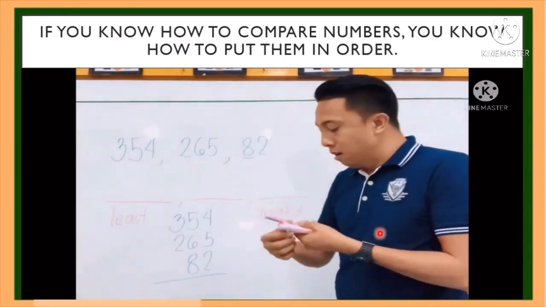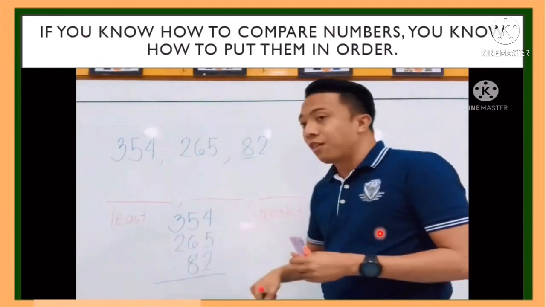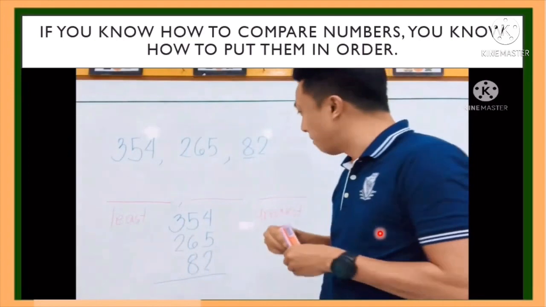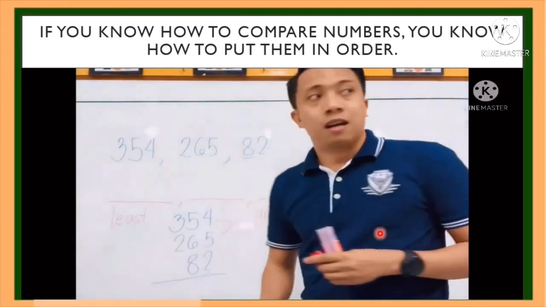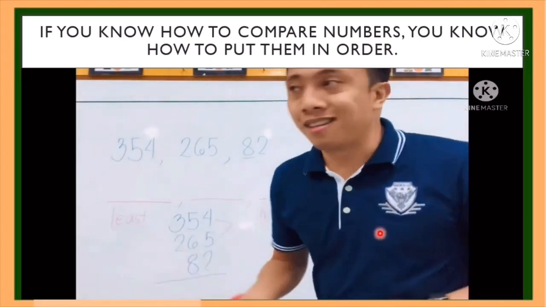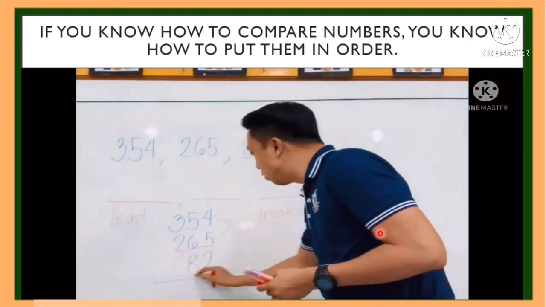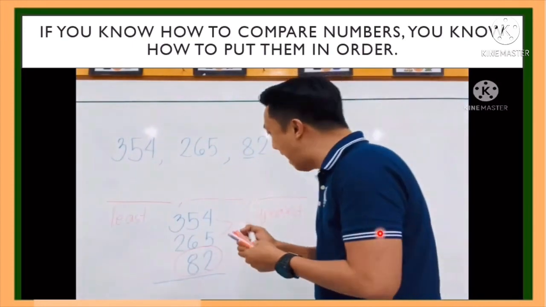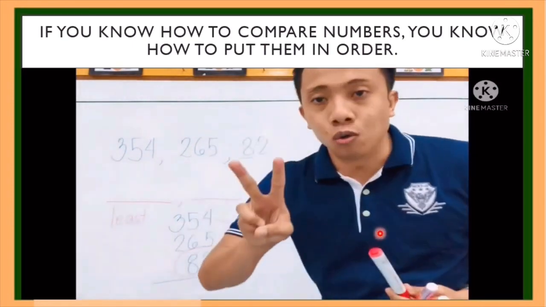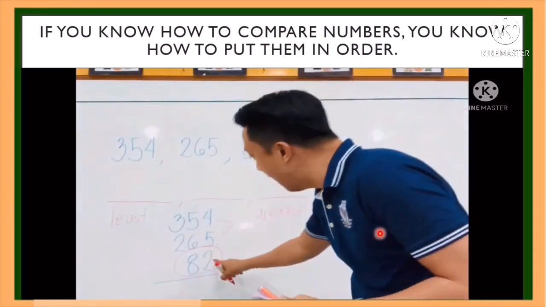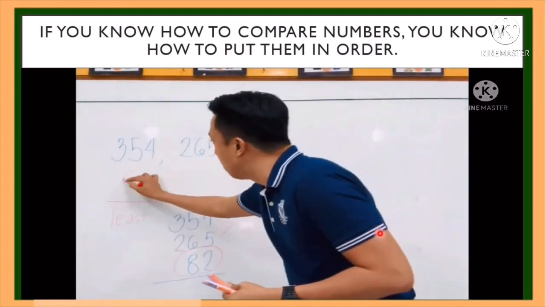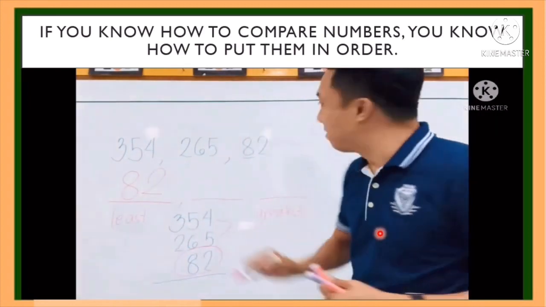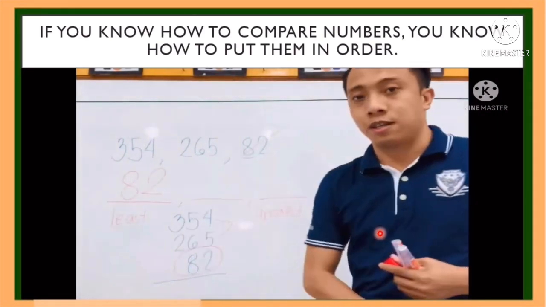As you can see here, we have 2 numbers that have 3 digits. So obviously, 82 is the least. Why? It's because it has only 2 digits. So 82 must be put here. That will be the least.